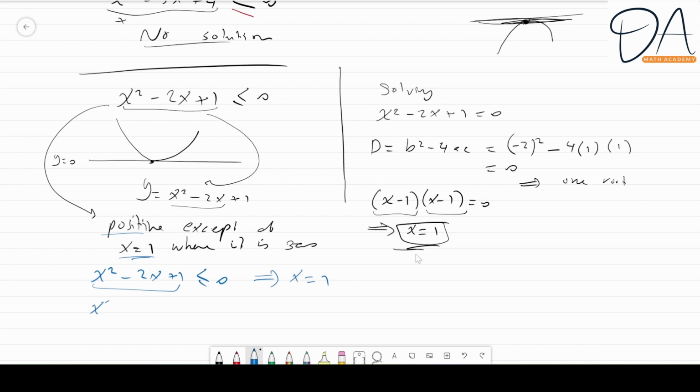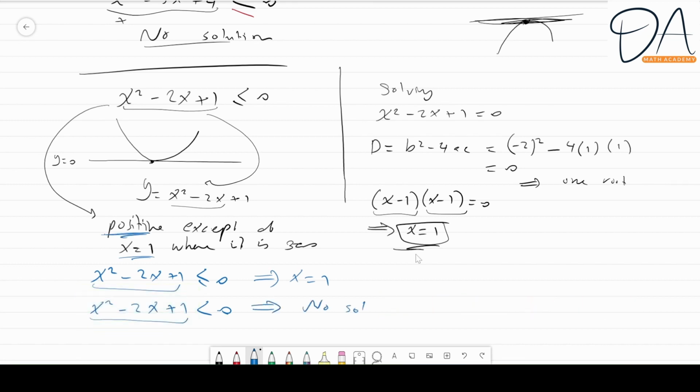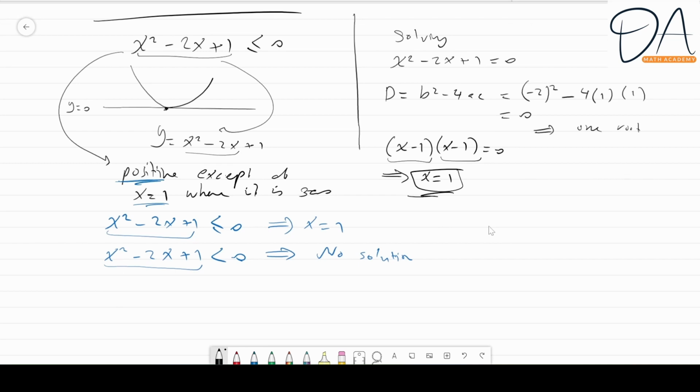So this is another variation. If the question was like this, then we are asked to find the values of x that make this expression negative. But we know it's only positive, so there is no solution for this. And if it was something like this, then it's saying what are the values of x that make this expression positive or 0.